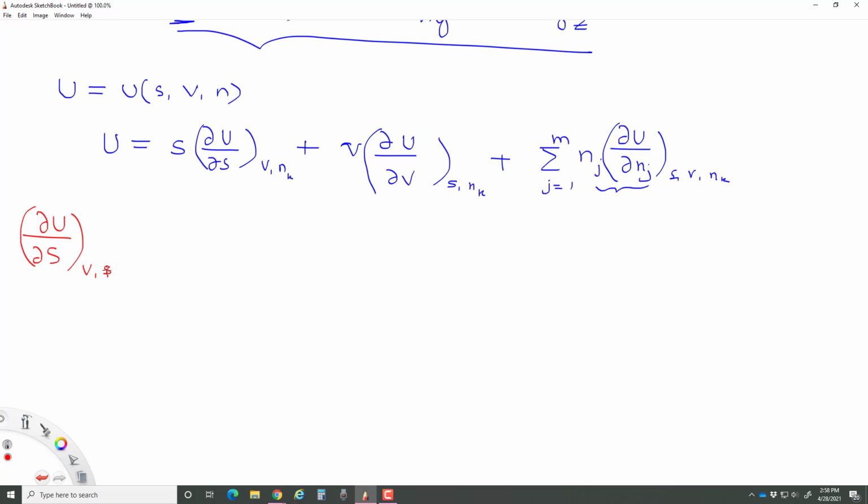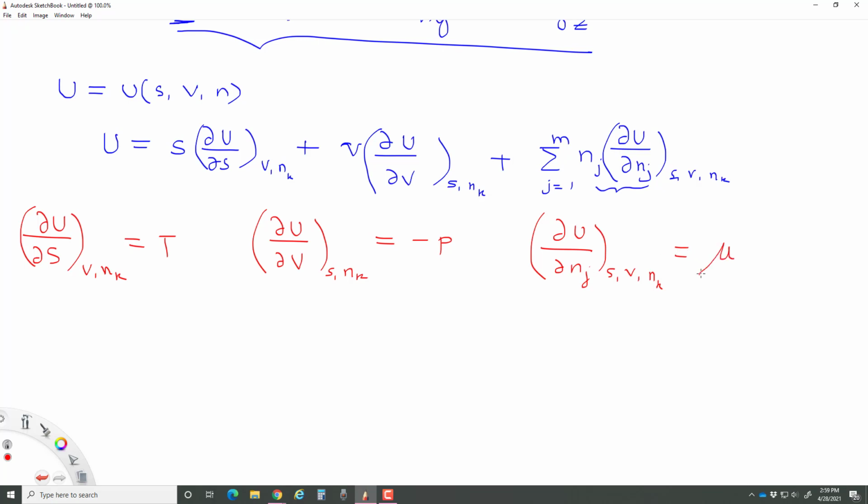So partial U over partial S, keeping V and N_k constant, is equal to T, and then partial U partial V, keeping S and N_k constant, is equal to negative P, and then partial U partial N_j, keeping S, V and the numbers of all the other species constant, just changing the number of one particular species. That gives us the chemical potential due to that particular species.